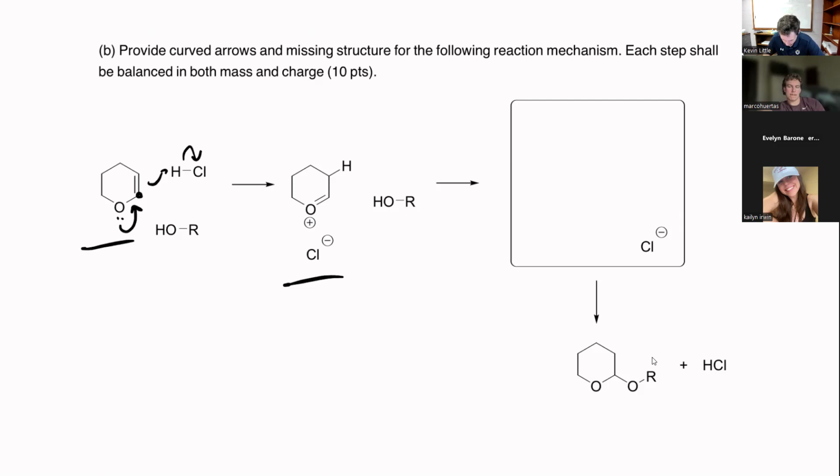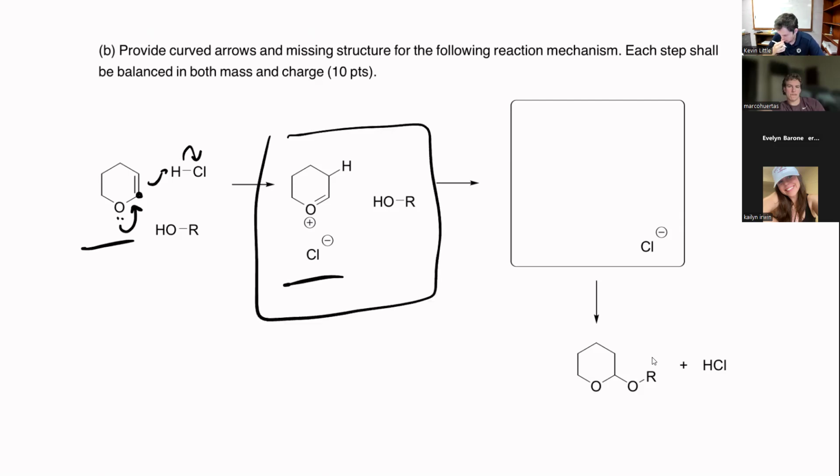What happens here? We can kind of look ahead and see this. Do I have a nucleophile? Alcohol. I have an alcohol. Do I have an electrophile? Aldehyde. Yeah, this looks an awful lot like a carbonyl, doesn't it?